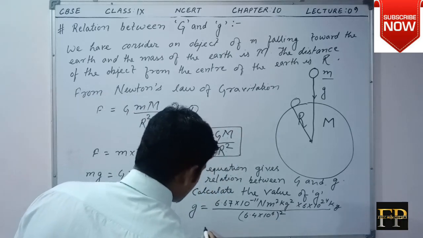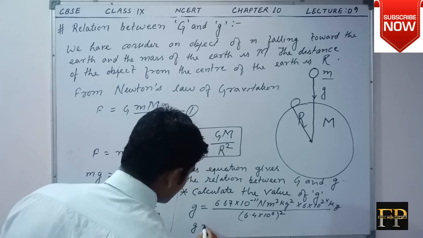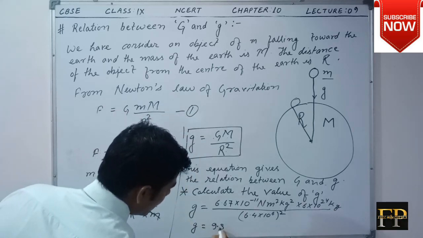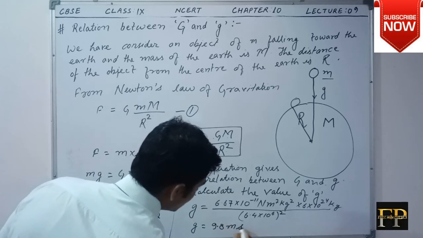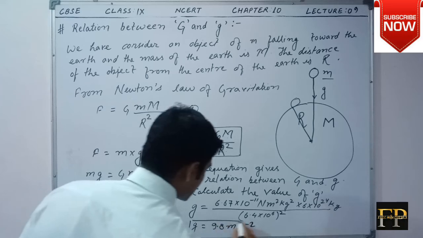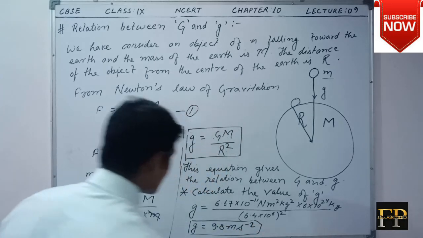If we solve it, we get g equal to 9.8 meter per second square. So this is the value of g.